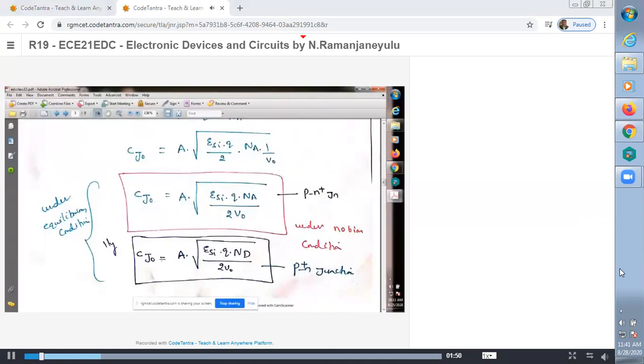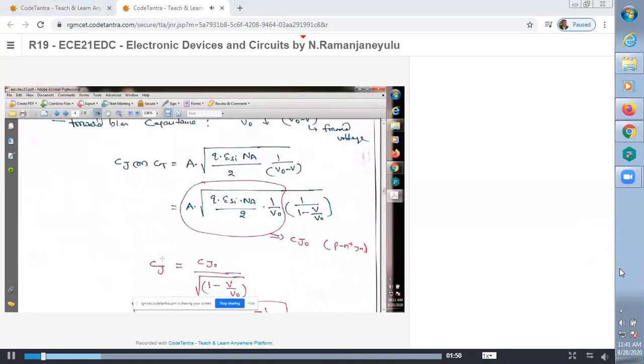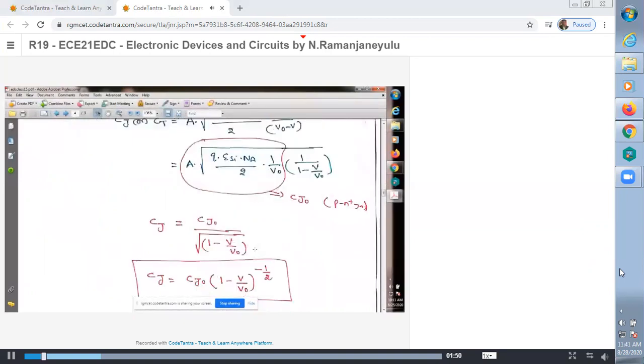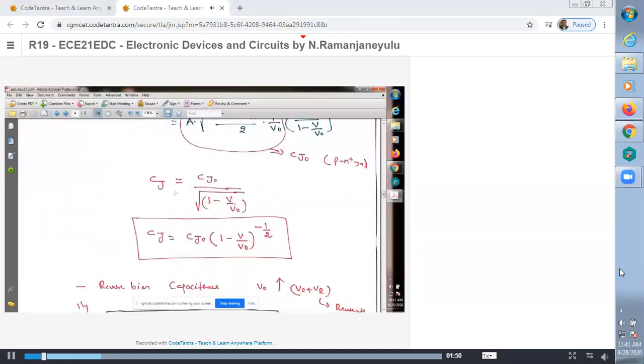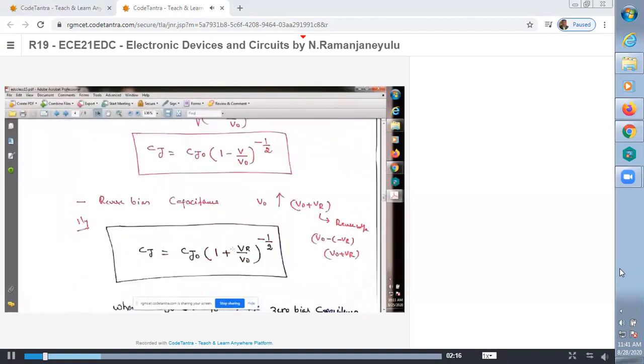Once you know the Cj naught, we can easily derive Cj. In forward bias, Cj is equal to Cj naught by under root 1 minus V by V naught, where V is the forward bias voltage. In reverse bias, Cj is equal to Cj naught into 1 plus Vr by V naught whole to the power of minus 1 by 2, where Vr is the reverse voltage.